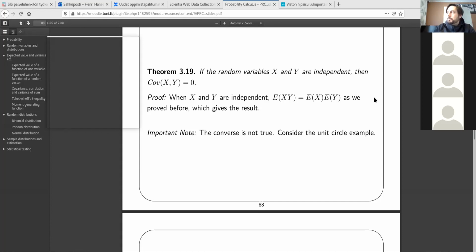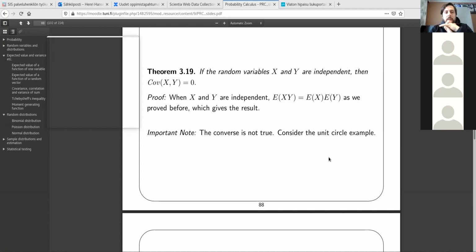There are several cases, not even pathological, mind you, where the converse is not true. There are situations where covariance may be zero, but the variables are not independent. Here was an example of the unit circle. Assume that we are randomly picking points on the edge of the unit disk, so on the unit circle.